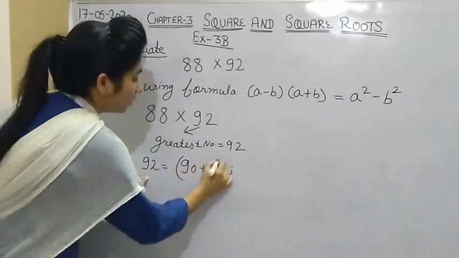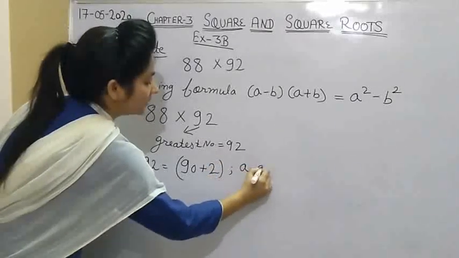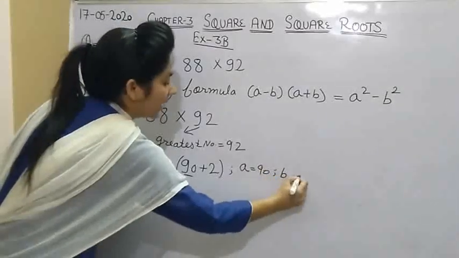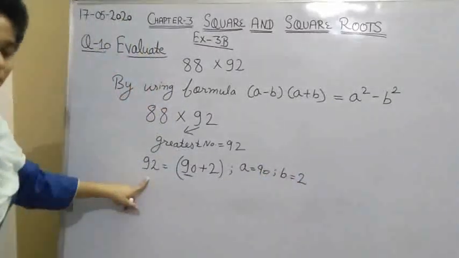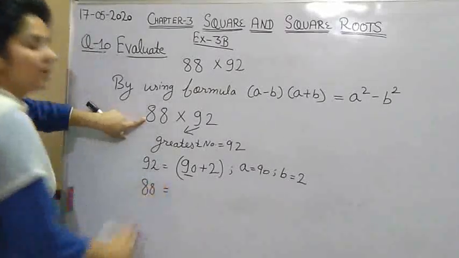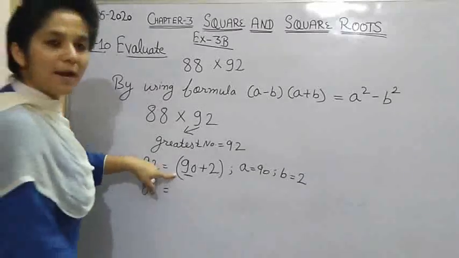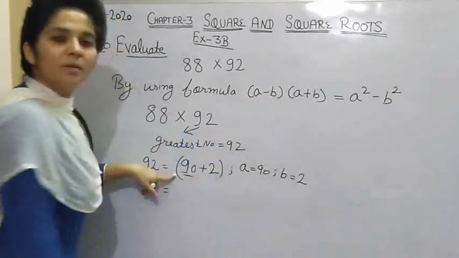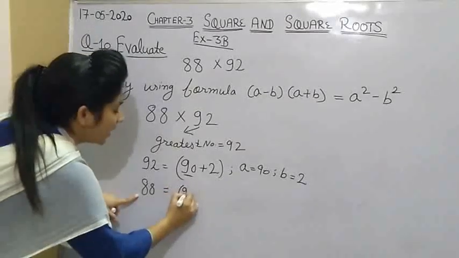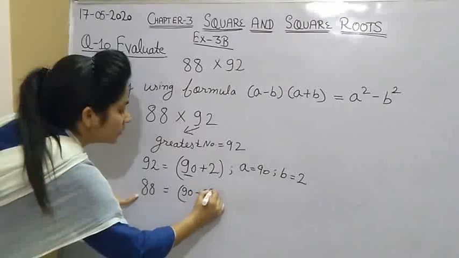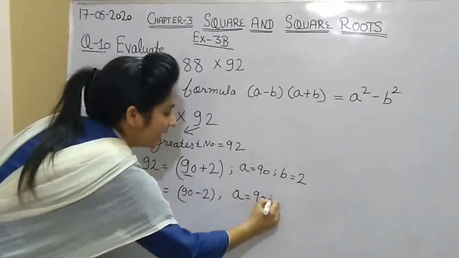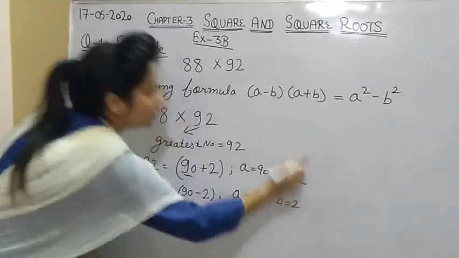So, the value of A is 90 and the value of B is 2. Now, the other number is 88. Now, we will expand it as A minus B. How can you expand 88? 90 minus 2, with the same value of A as 90 and the value of B as 2.